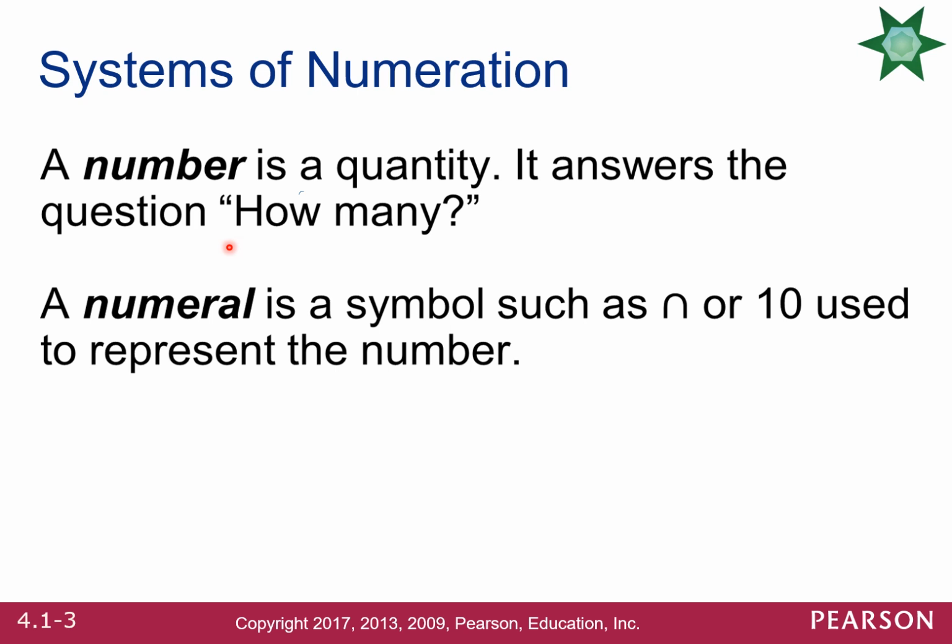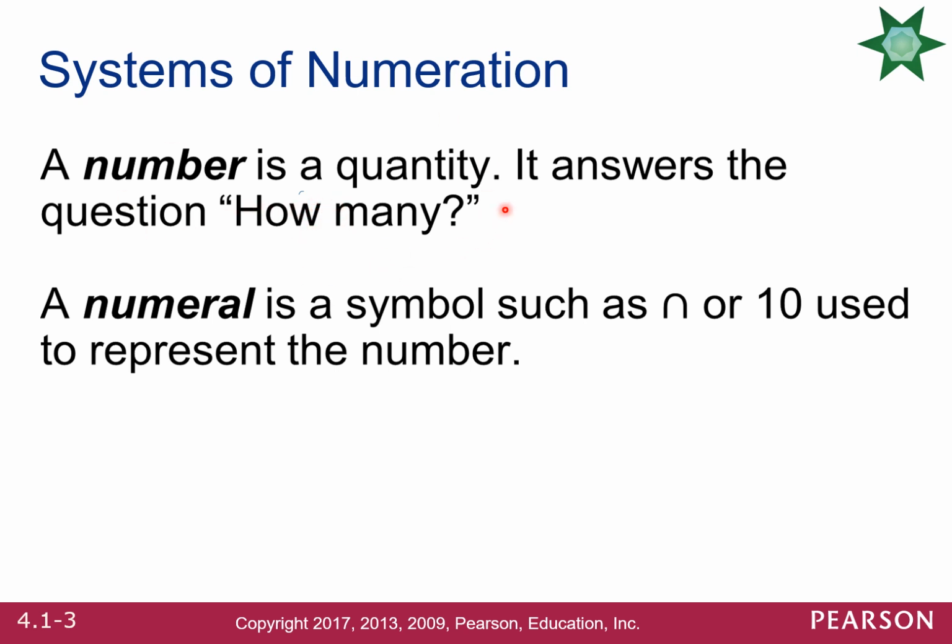A number represents a quantity. It is something that comes from counting different things or items or people or whatever it may be. So it answers the question, how many? That's what a number is essentially.